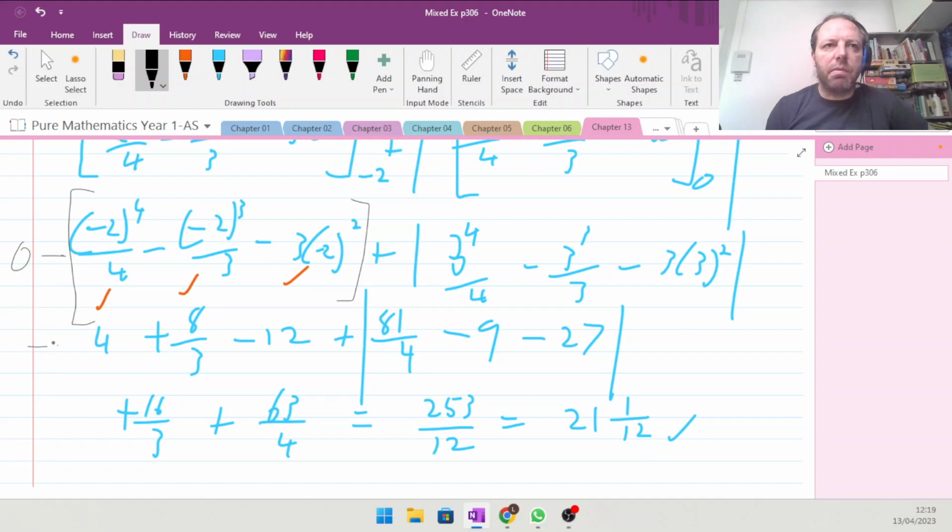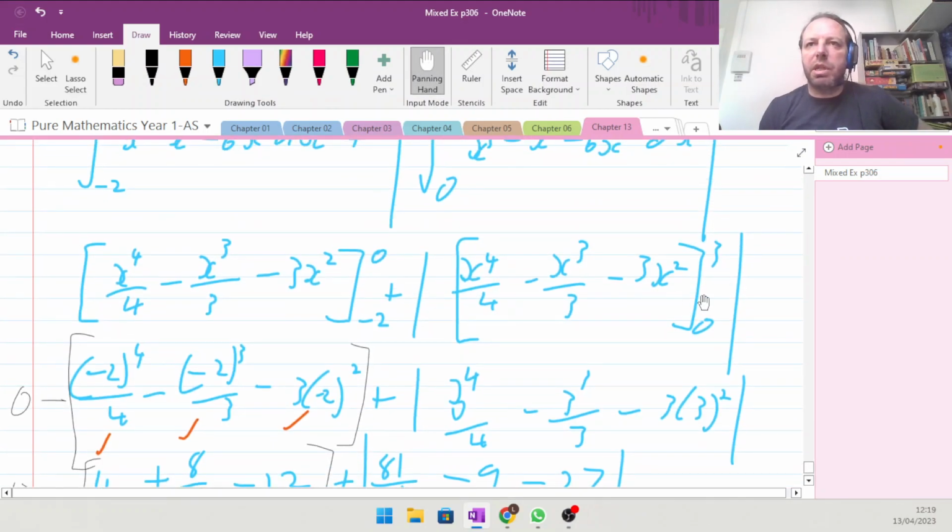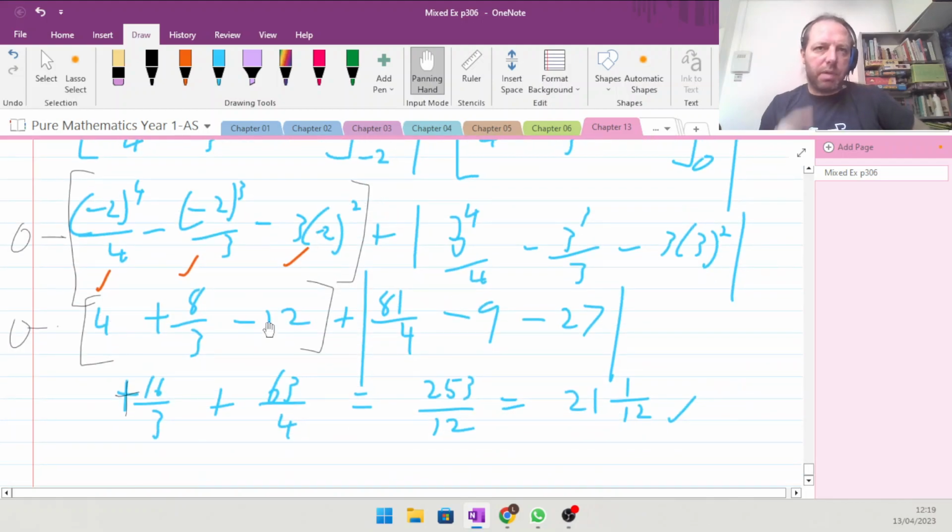So it's 0 minus it because of the 0, and that's where the minus comes in to make this into the plus, as we've just changed it. Whereas on the other side, because it was take away 0, it didn't have a sign change. So that's where the mistake happened, so be super careful with those.